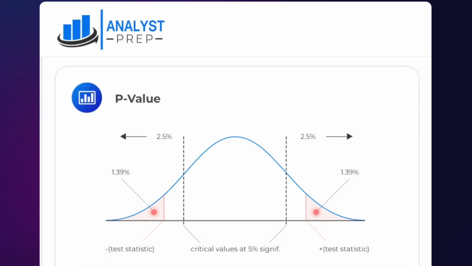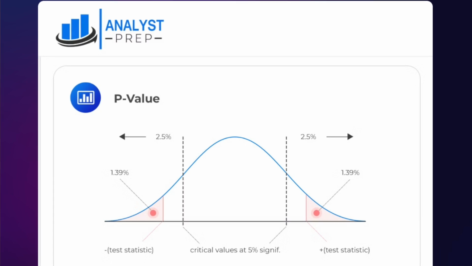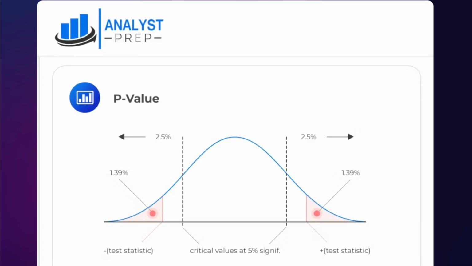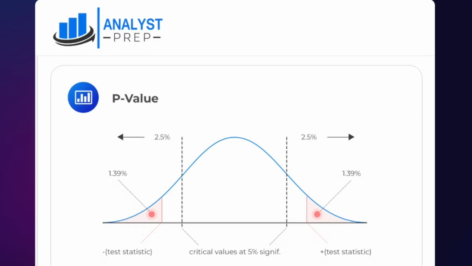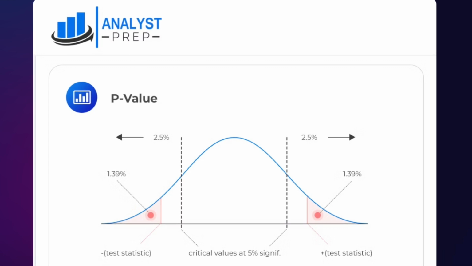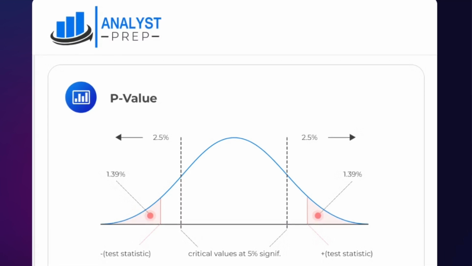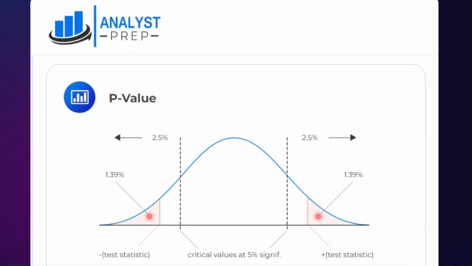The cutoff that we use, which is the industry standard, is 5%. It's also called the significance level, or alpha, which means that this is the margin of error I'm comfortable with. If the p-value is less than 5%, I can reject my null hypothesis, which will give me some evidence that it is not happening due to random chance.